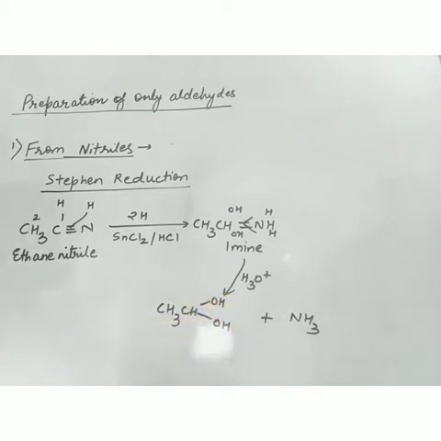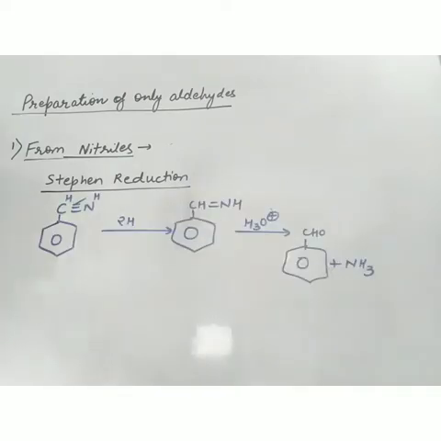Now remember the rule that whenever 2 OH groups are on the geminal position, that is on the same carbon atom, there is removal of water. So what will I get? I will get ethanal. The number of carbon atoms is the same: 2 carbon atoms here, 2 carbon atoms here. But the nitrile is converted to aldehyde. Likewise we can apply this Stephen reduction for preparing benzaldehyde also.